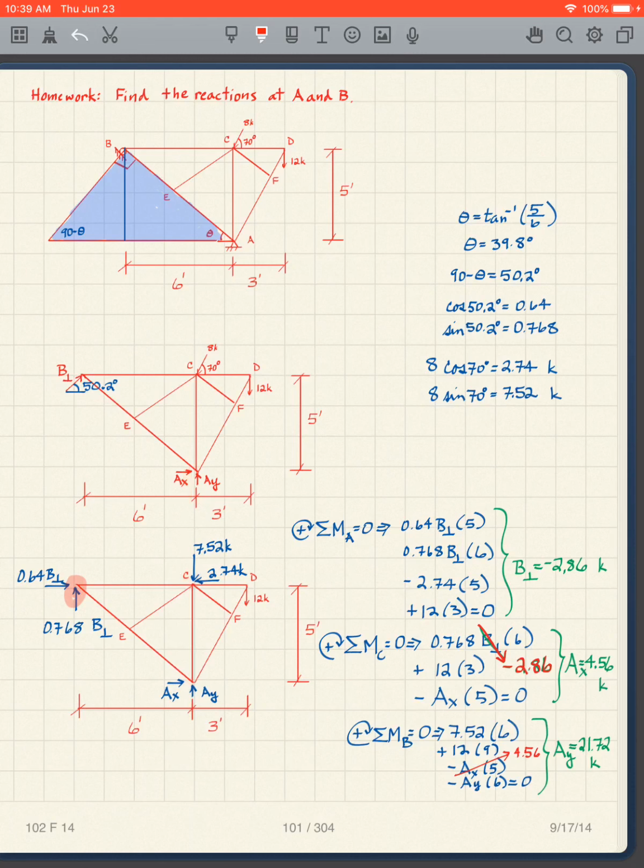It's going to disappear from the equation. So I'm choosing point B, and that also gets rid of that force there. And so I do point B, and I have what? I've got 7.52 times that distance. I have 12 times that distance.